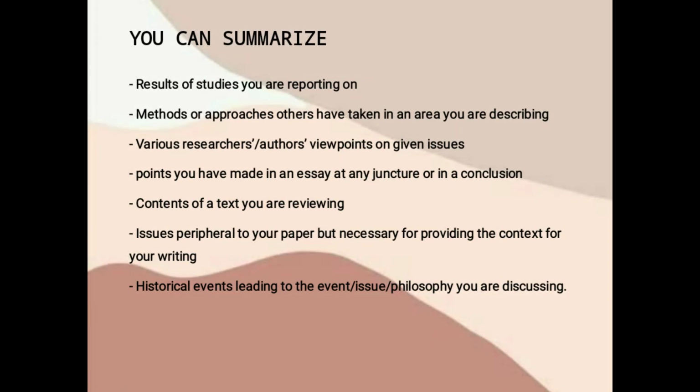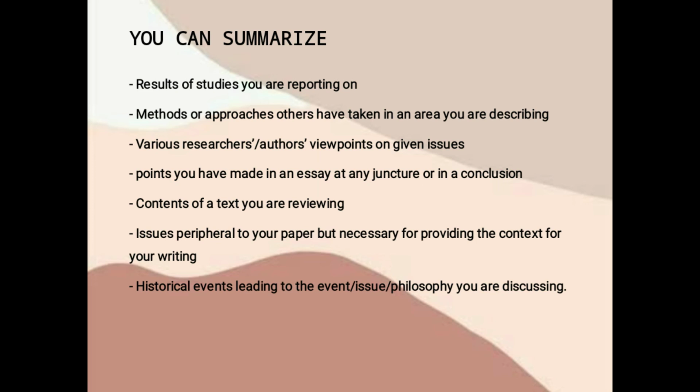The next is what kinds of text you can summarize. The first, results of studies you are reporting on, and then methods or approaches others have taken in an area that you are describing. And then various researchers' or authors' viewpoints on given issues, and then points you have made in an essay at any juncture or in a conclusion.